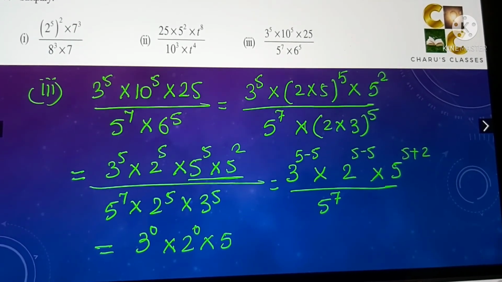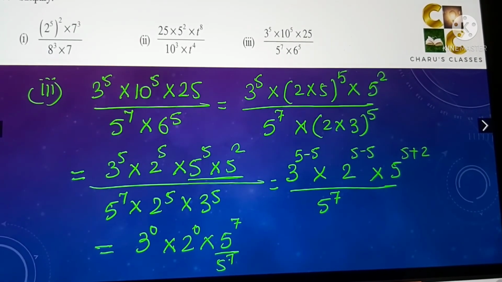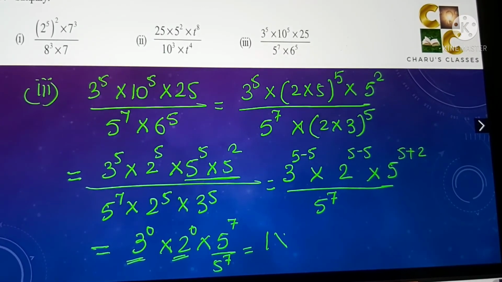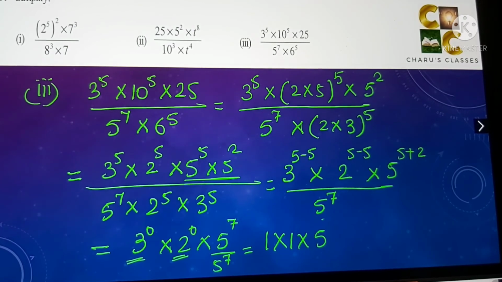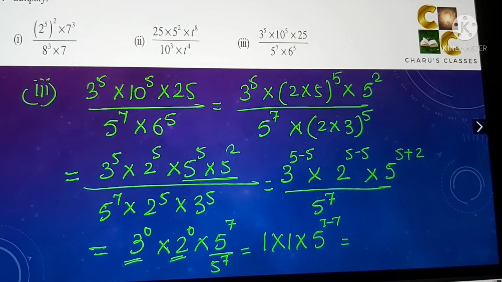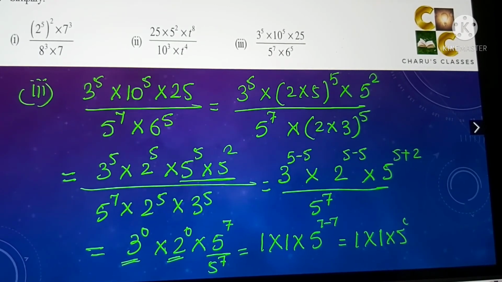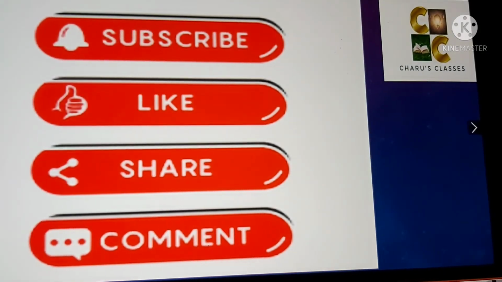So we have 3 to the power 0 into 2 to the power 0 into 5 to the power 7 by 5 to the power 7. Anything to the power 0 is 1, and 5 to the power 7 minus 7, even that is going to be 1 because it will be 5 to the power 0. So our answer is 1.